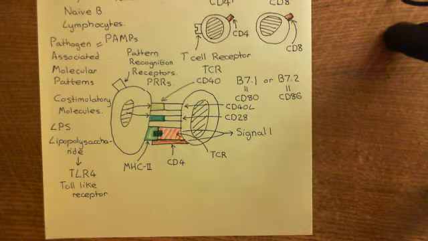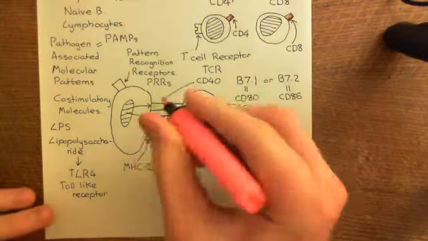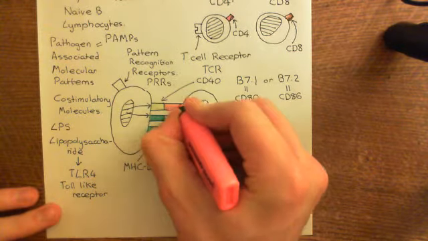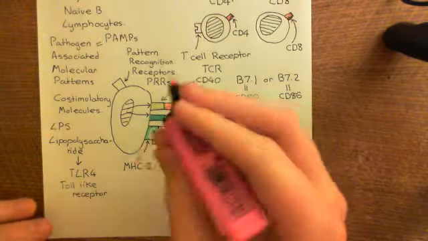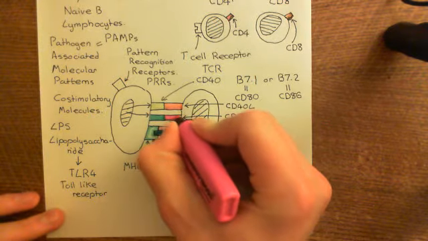So let me colour these in. So we'll have CD40L in red here, okay, and then we'll have CD28 in vivid purple. Okay, so here it is in vivid purple.